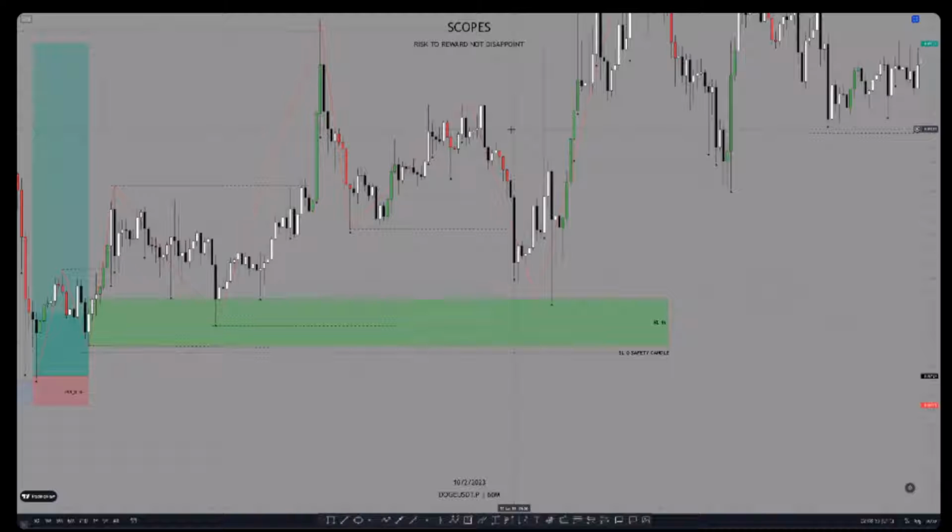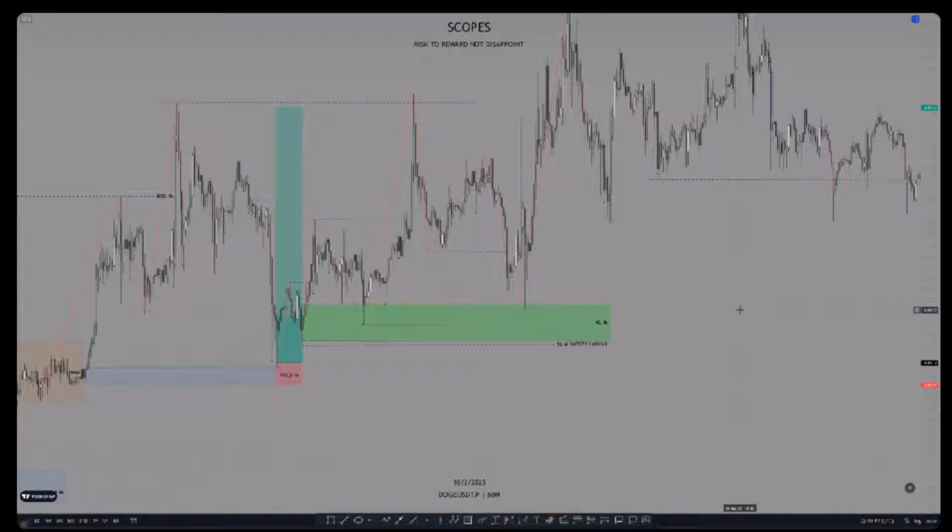So what I normally see is you hit this, bounce up, bounce below, you come back and retest it. This is why I try and give my trades a bit more room, and I'll show you some examples on my Forex in a bit.